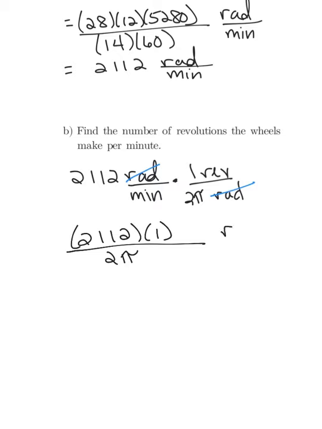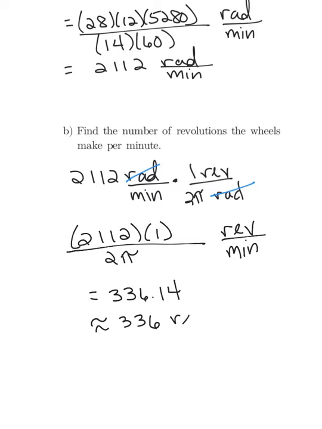Your labels are revolutions per minute. Do these calculations and you wind up with 336.14. But remember, we are supposed to round our answers to the whole number. So we're going to say this is about 336 revolutions per minute.